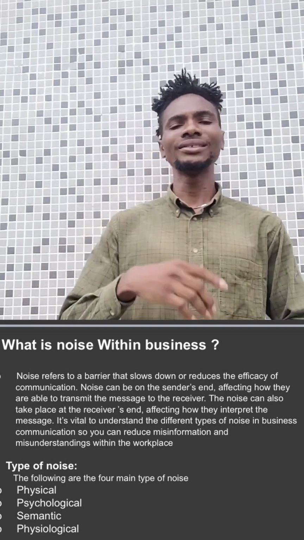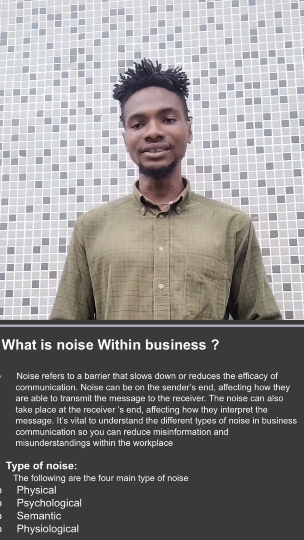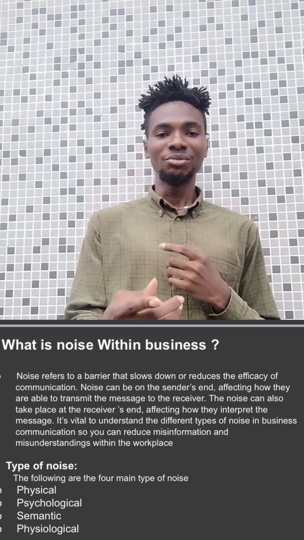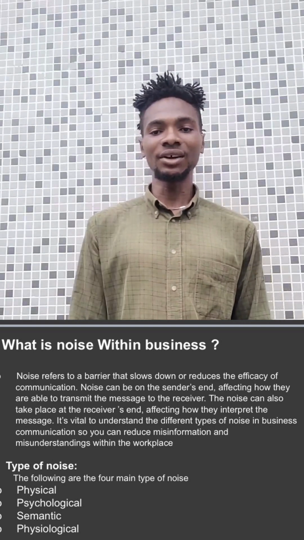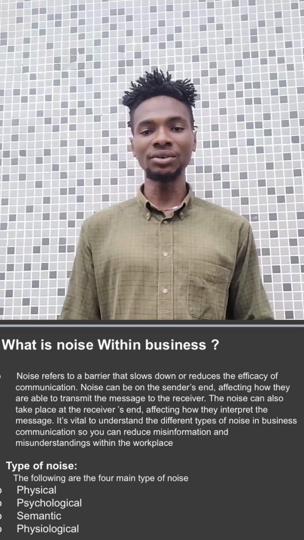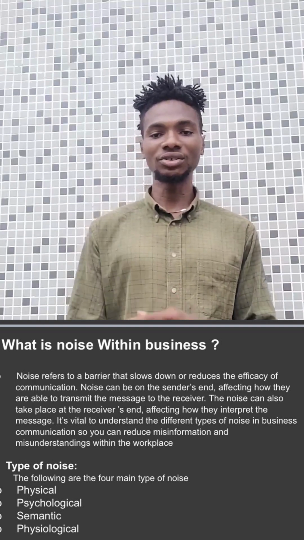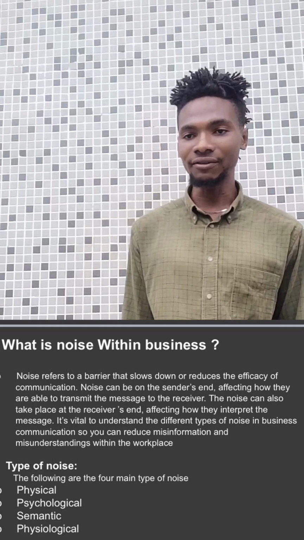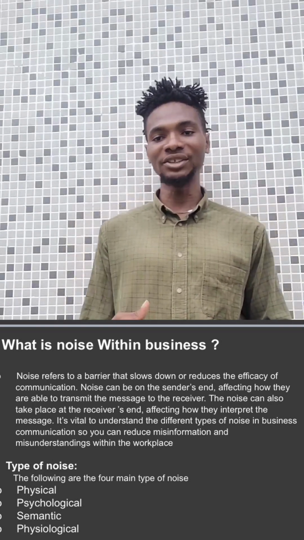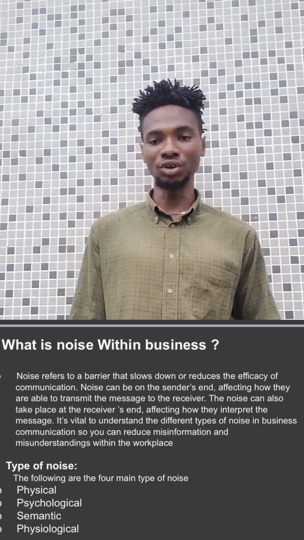The sender, when sending a message to the receiver, is affected, and also the receiver when interpreting the message given by the sender. We have types of noise, which are semantic, physical, psychological, and physiological noise. We also have the barriers of noise, and proper explanation will be done on the types of noise and the barriers to effective communication.